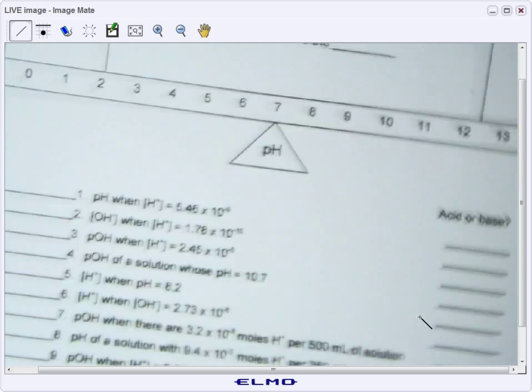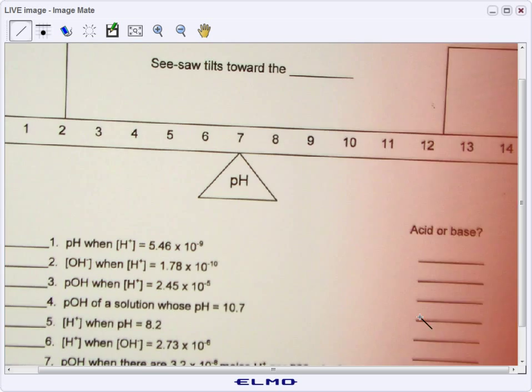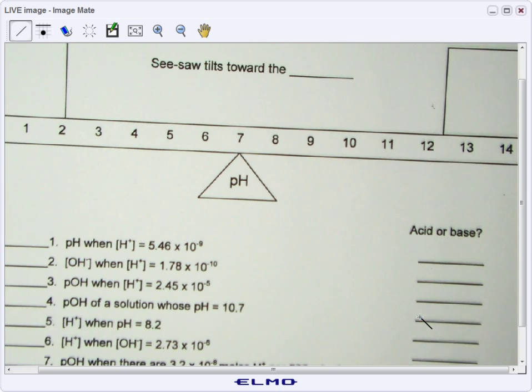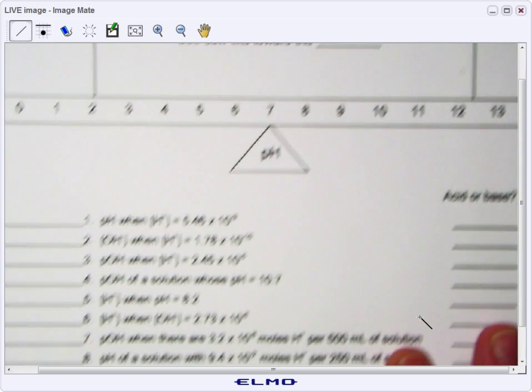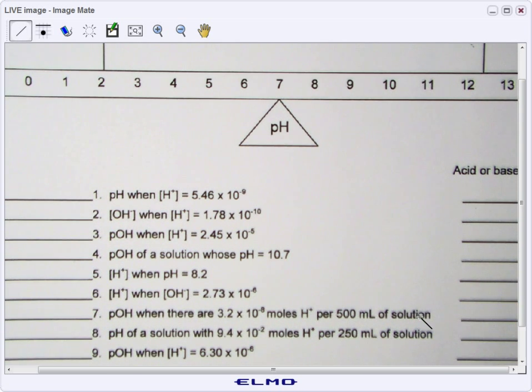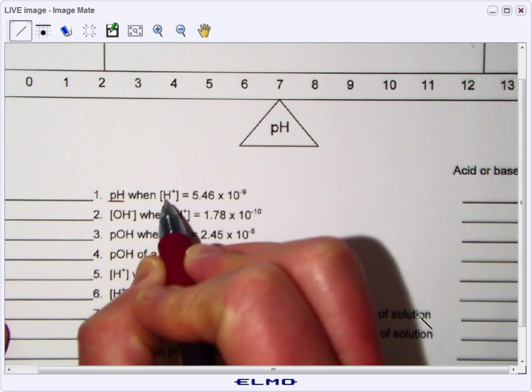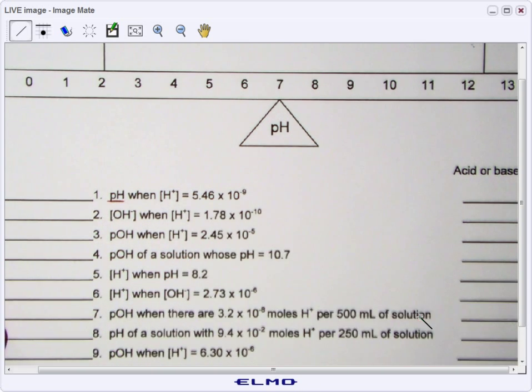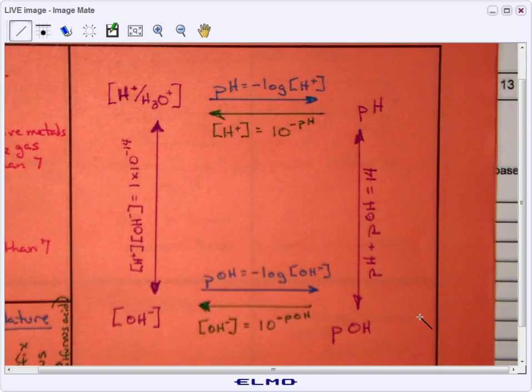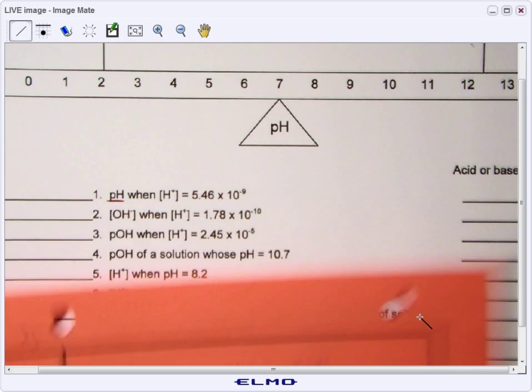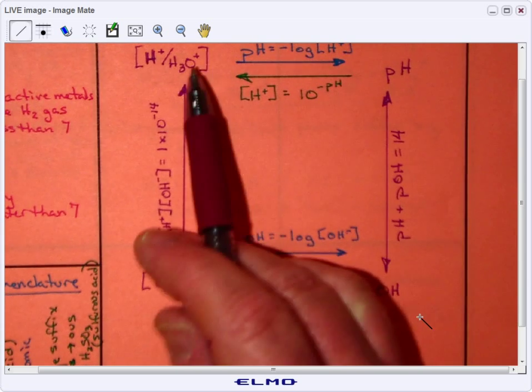So on number 1, on your acid-base SeeSaw, it wants us to find the pH. This is what we're looking for when they give me the H+. So the deal with the square would be, it just told me what my H+ was.